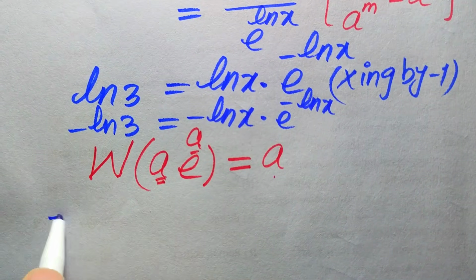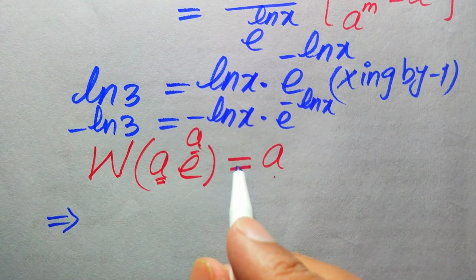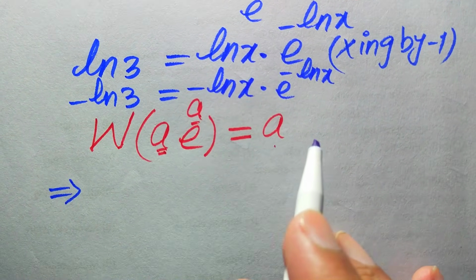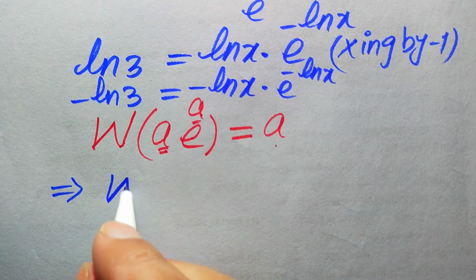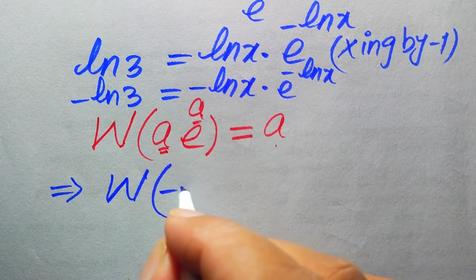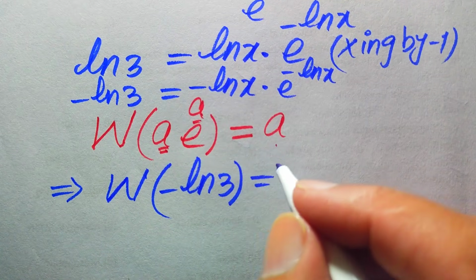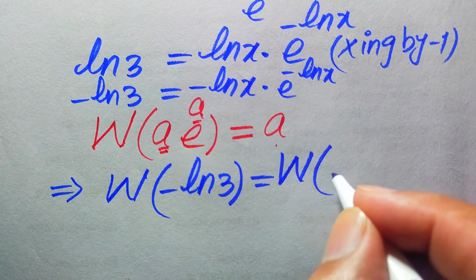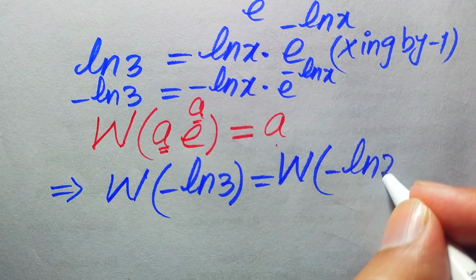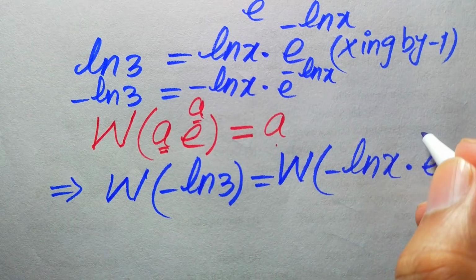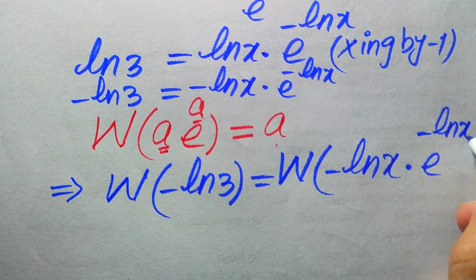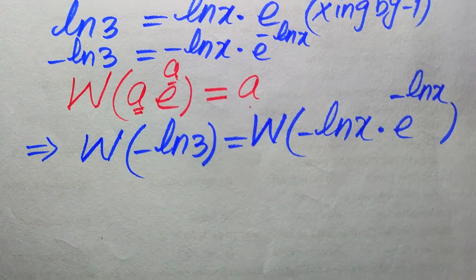Now we are ready to apply the Lambert W function. We apply W on both sides, and we get W of minus log 3 is equal to W of minus log x times e to the power of minus log x.